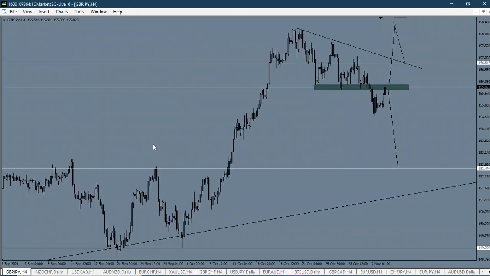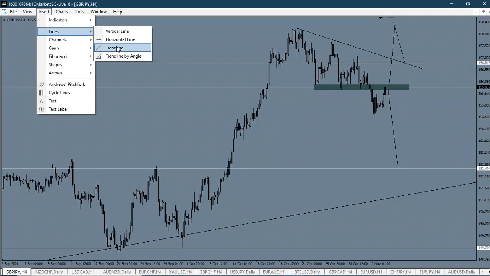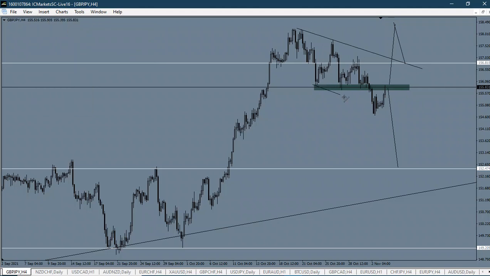That's what we'll be expecting to see, because we can see we had a push towards the upside, and now we are in a correction. We are in a correction right here. So that's our first situation when we are looking for buying opportunities.